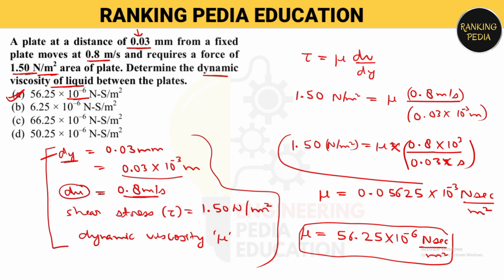The shear stress is tau, 1.50 Newton per meter square. We have to find the dynamic viscosity. Shear stress is equal to dynamic viscosity times du by dy, and from here we can easily find the dynamic viscosity. So option A is correct.